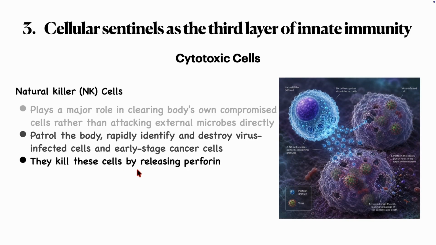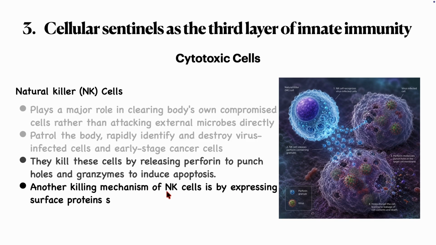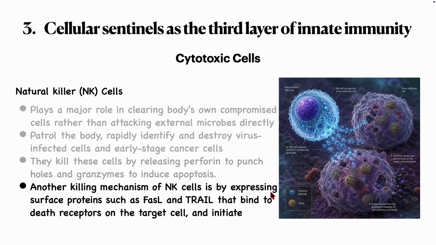They kill these cells by releasing perforin to punch holes and granzymes to induce apoptosis. Another killing mechanism of NK cells is by expressing surface proteins such as FasL, or Fas ligand, and TRAIL that bind to the death receptors on the target cell and initiate apoptosis.